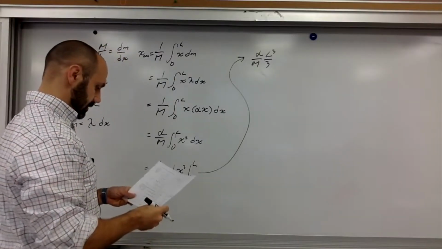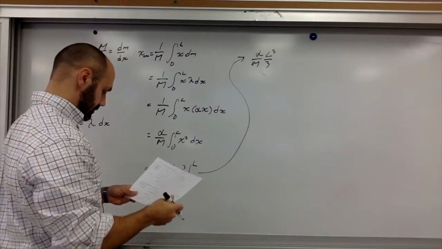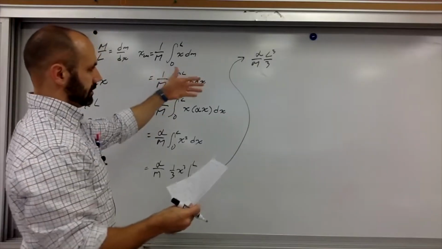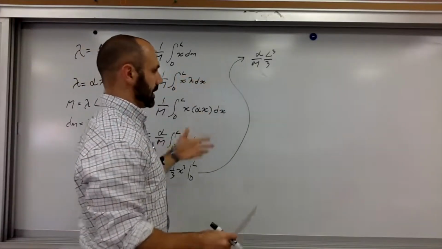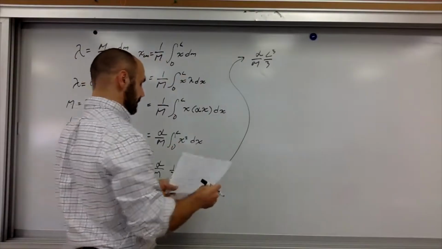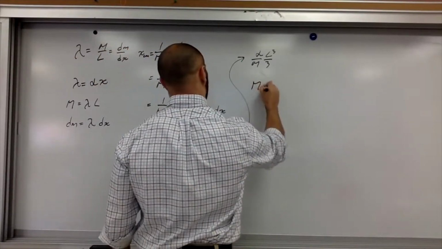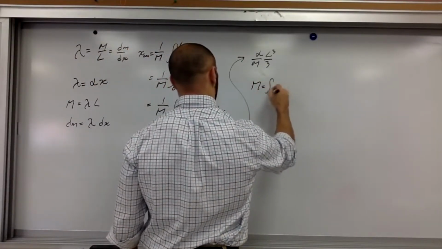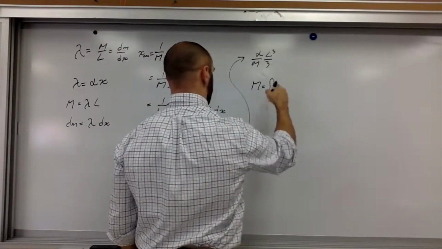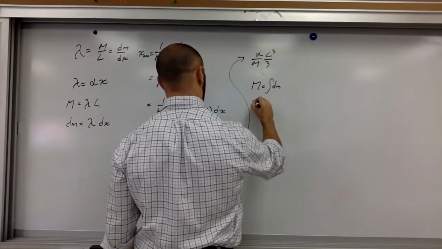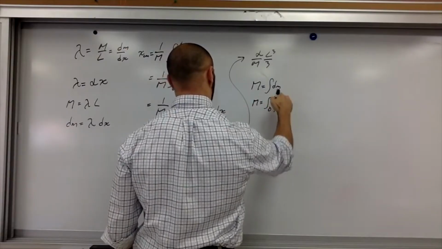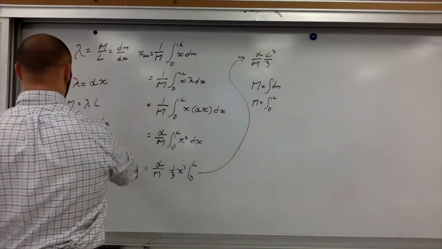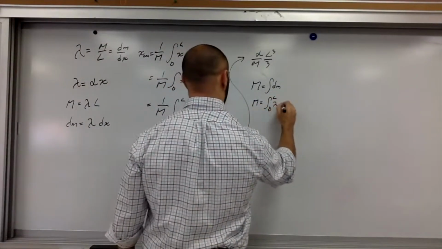Now we want to plug in M. We need to find out what the total mass is. So how do we get that? M is equal to adding up all the tiny little masses. So M is going to be the integral from 0 to L of dm, which is lambda dx.